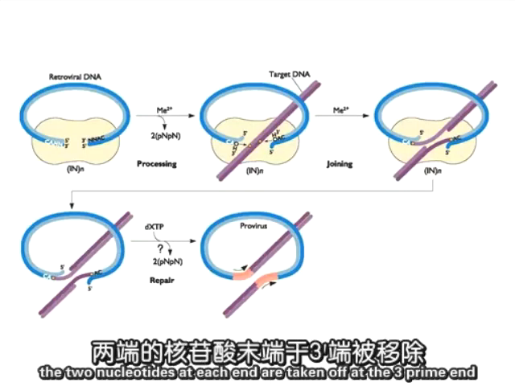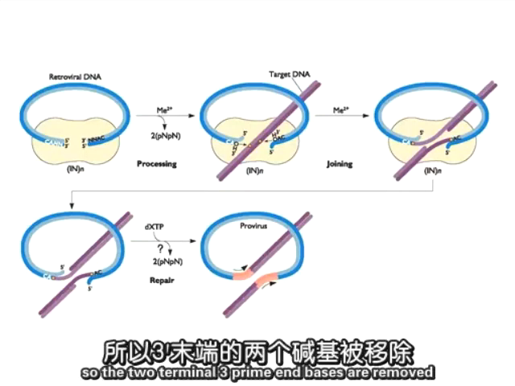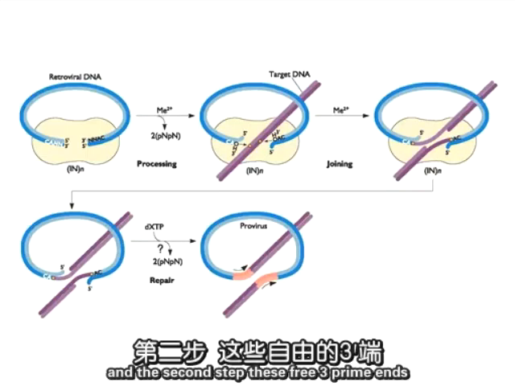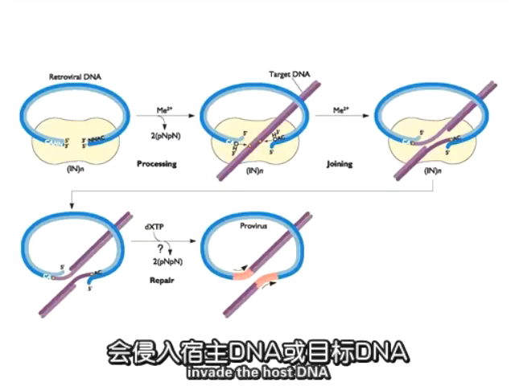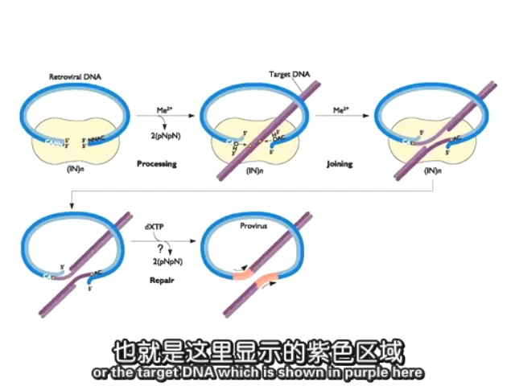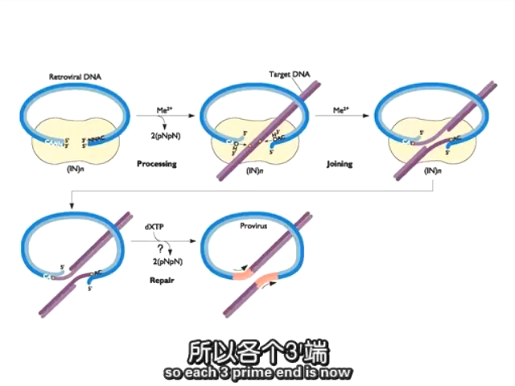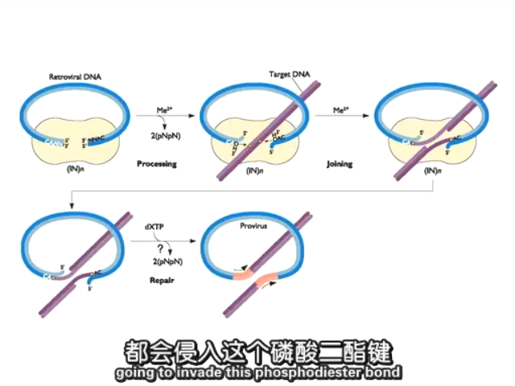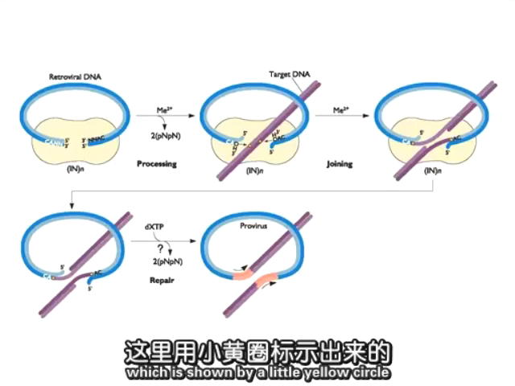The 2 nucleotides at each end are taken off at the 3' end. So the 2 terminal 3' end bases are removed. And the second step, these free 3' ends invade the host DNA or the target DNA, which is shown in purple here. So each 3' end is now going to invade this phosphodiester bond, which is shown by a little yellow circle.